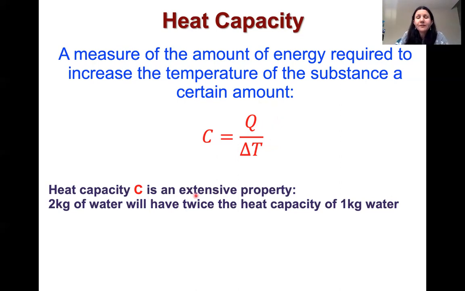But that's not often a very useful quantity. You want to have a quantity that doesn't depend on how much substance you have. It just depends on the actual substance: water, mercury, gold, iron.